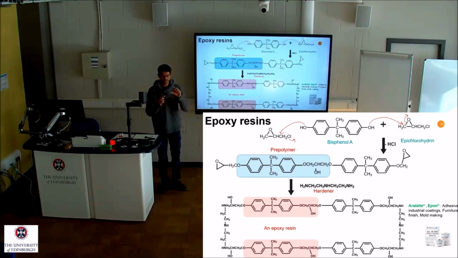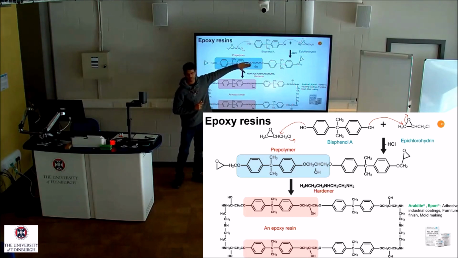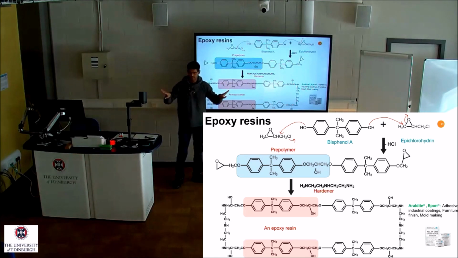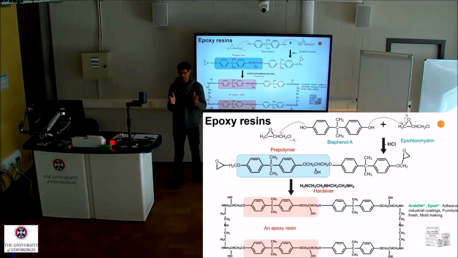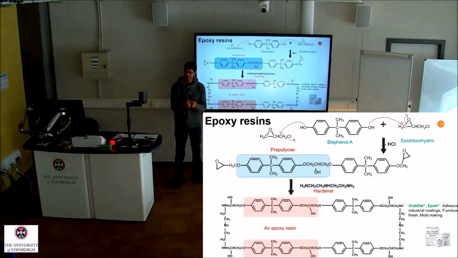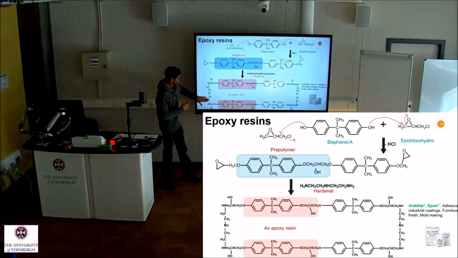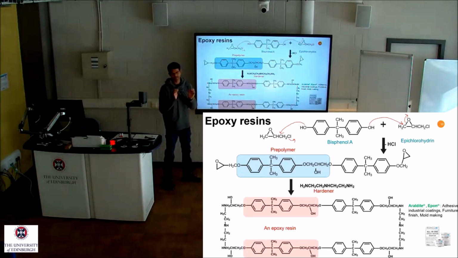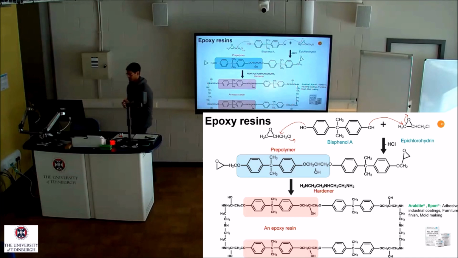One tube contains this pre-polymer, and the other tube contains this hardener. As long as they are separated in the tubes, they don't react. Once you need the adhesive properties, you mix them together, they start the curing process, stiffen up, and act as an adhesive. That's the basic principle of an adhesive.